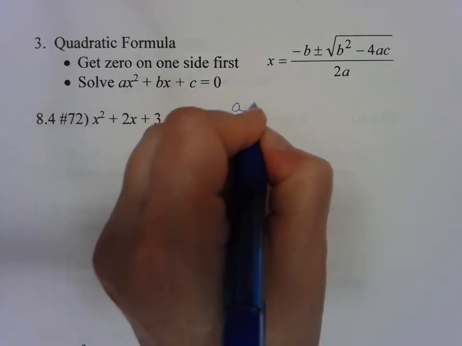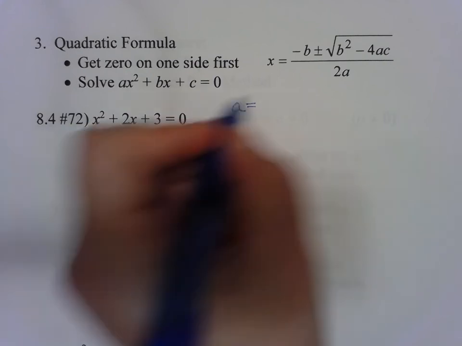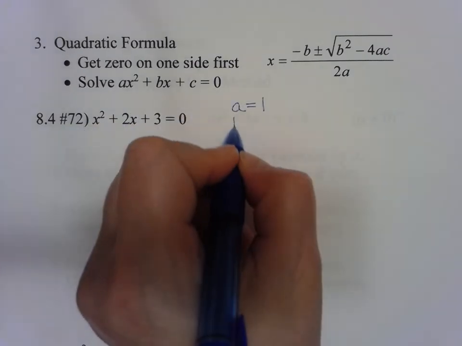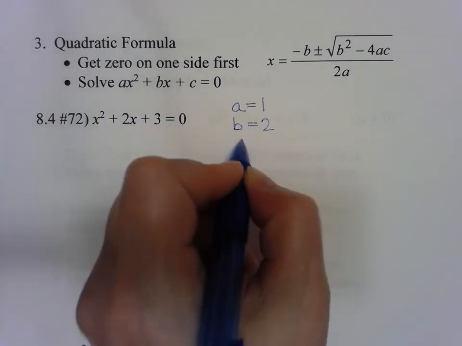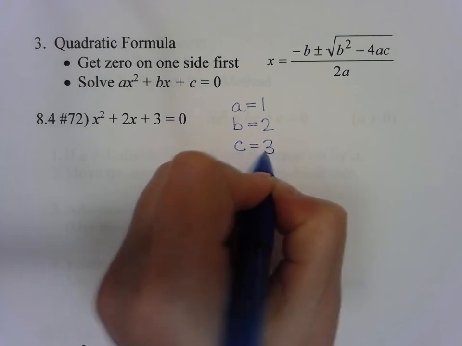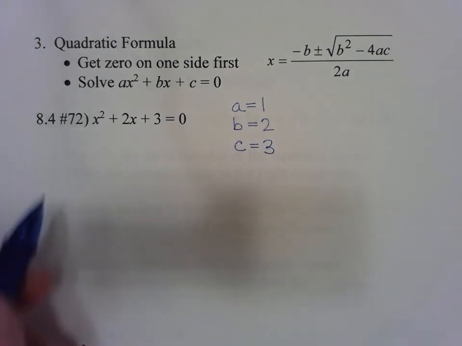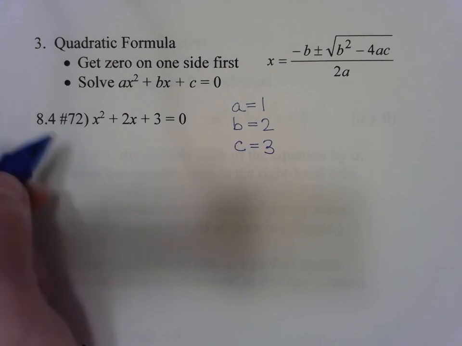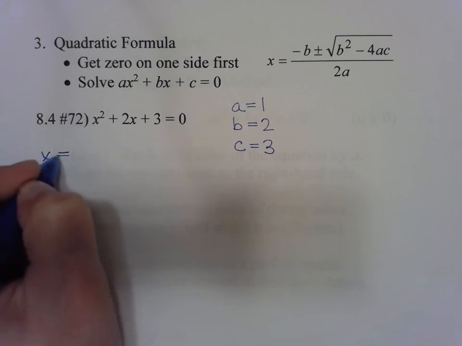For this one, remember a is in front of x squared, so that's 1. B is 2, and c is 3. The book got really creative on this one. All right, so we'll plug it into our formula.